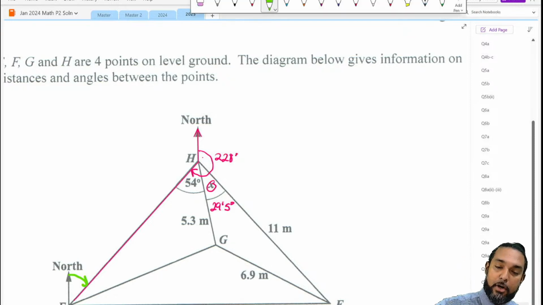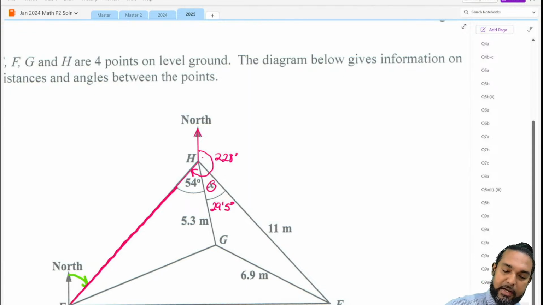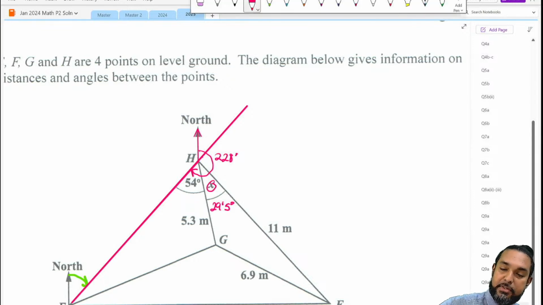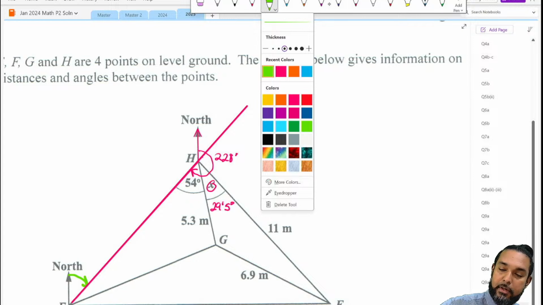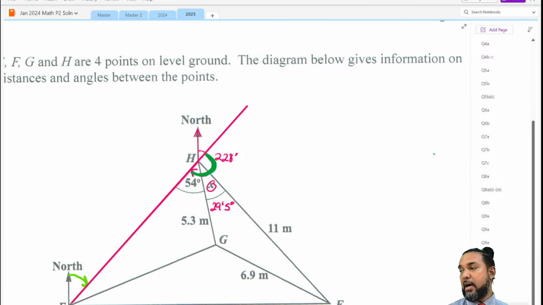Now, how do we do this? What we could do is extend the line joining the 2 points. And when we do so, we cut the bearing into 2 pieces. The piece on the outside here is the angle on a straight line. And what is the angle on a straight line? 180 degrees, right?